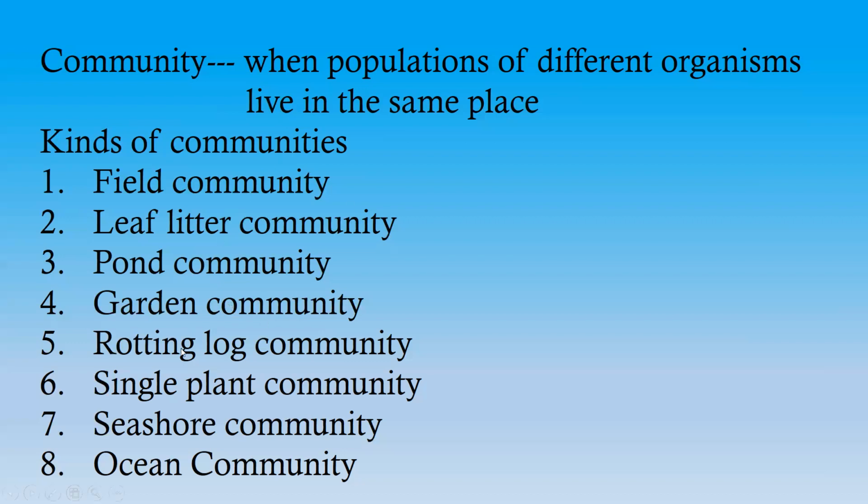Worms, yeah. Okay, we have also seashore community. What are the organisms that you can find in the seashore community? For example, we have the crab, seashell, right? And we have also ocean community.